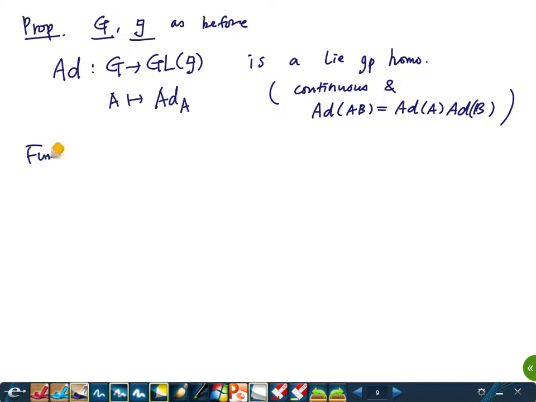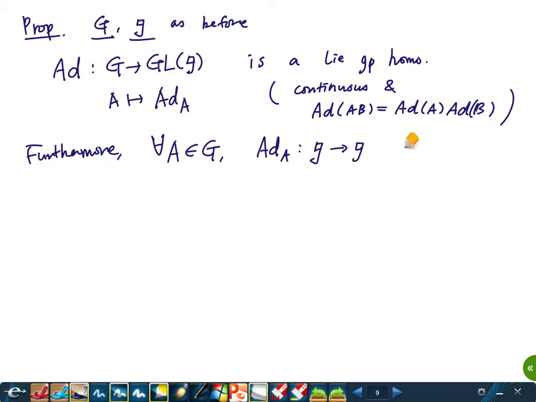Furthermore, for all A in G, Ad_A, so once A is fixed, this is a map. We know that this is a map from its Lie algebra to itself.